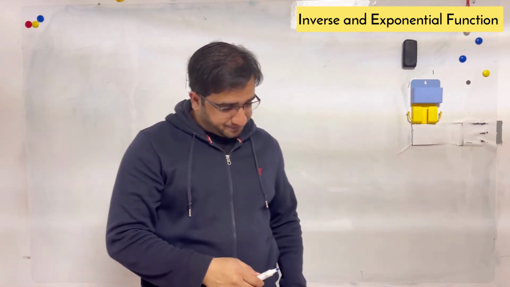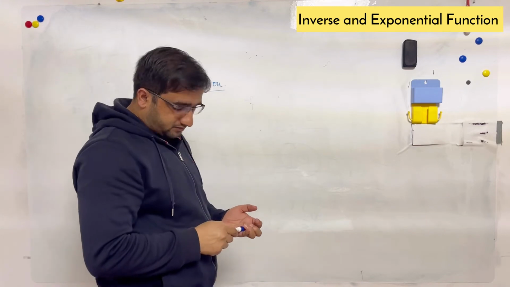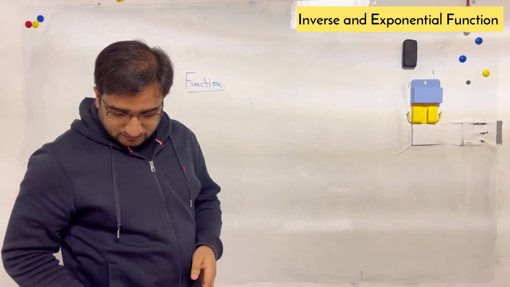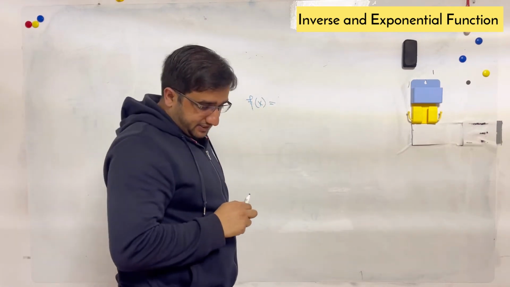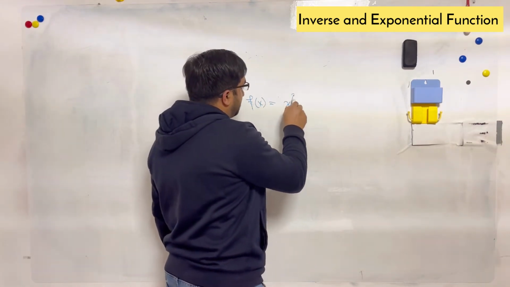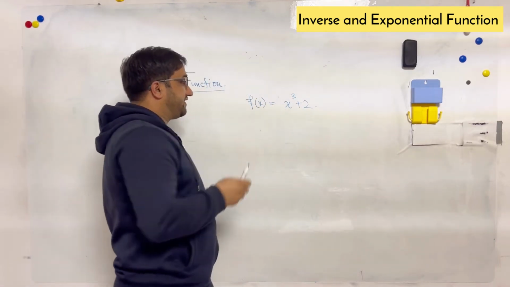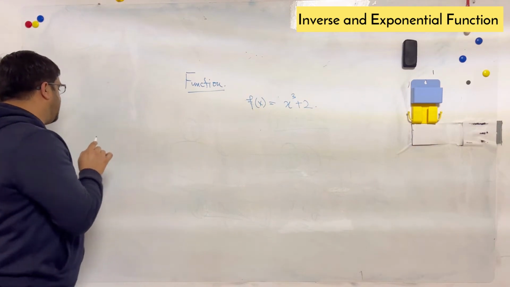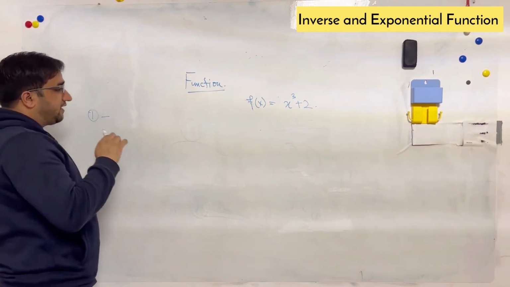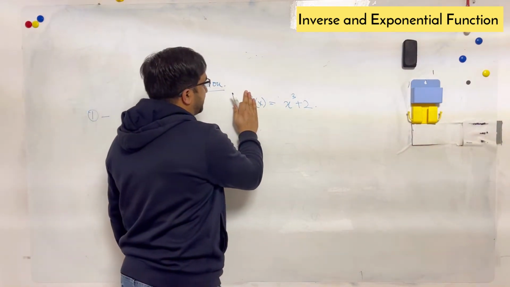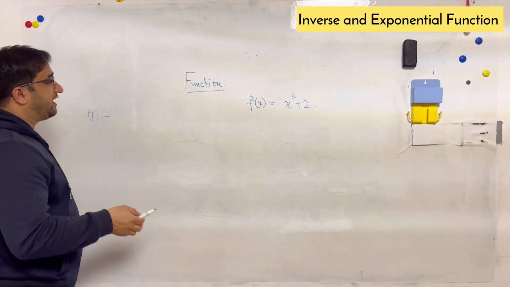Suppose we have a function f of x equal to x cube plus 2, and I want to find the inverse of this function. So there are 3 steps. Sometimes a function is written in terms of f of x, and sometimes in terms of y.